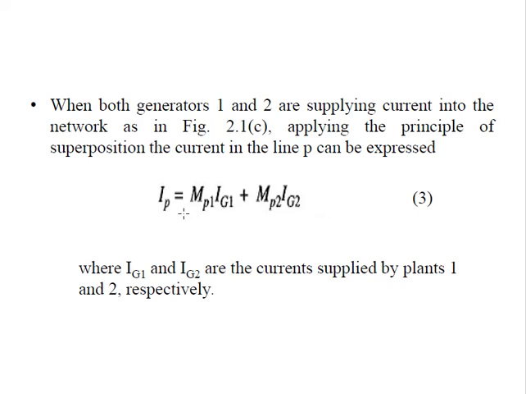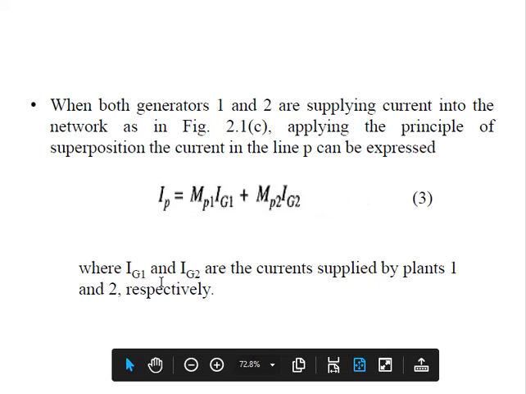That is, IP is MP1 IZ1 plus MP2 IZ2. This is equation number 3. In equation 3, IZ1 and IZ2 are the currents supplied by plant 1 and plant 2 respectively.